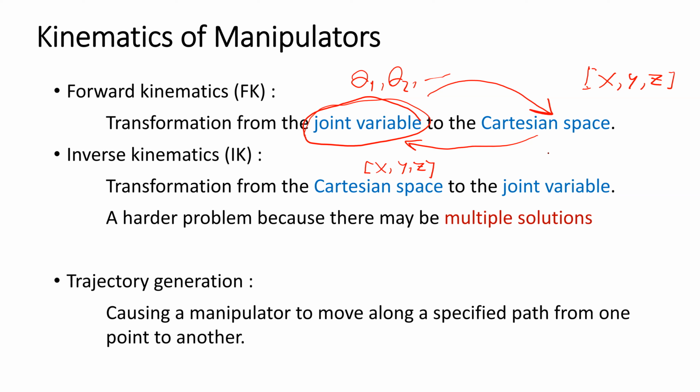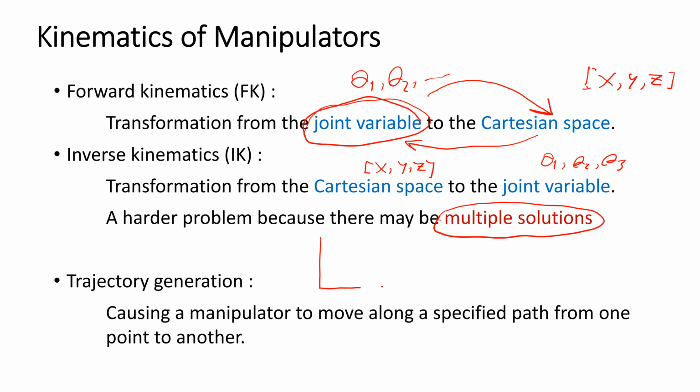What are the corresponding theta 1, theta 2, and theta 3 so that the robot can go to the position we want? But inverse kinematics is a more complicated problem because sometimes it has multiple solutions.